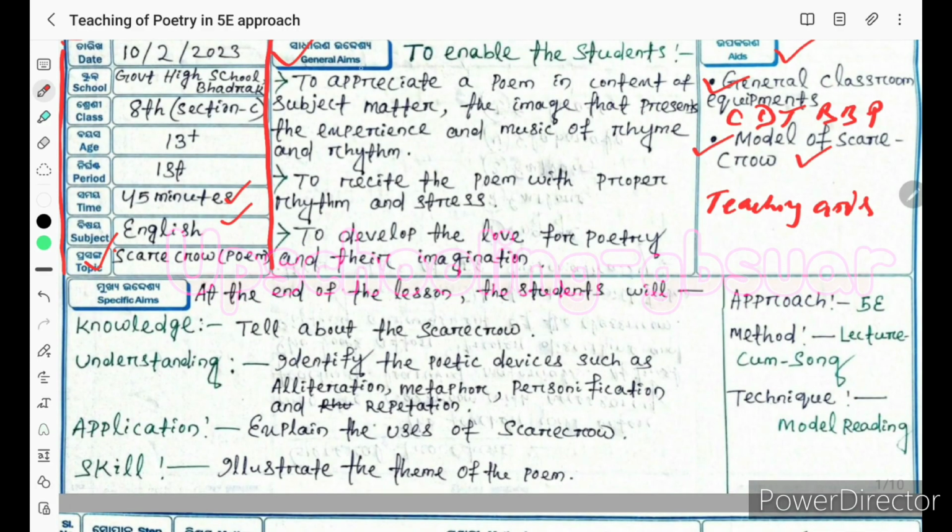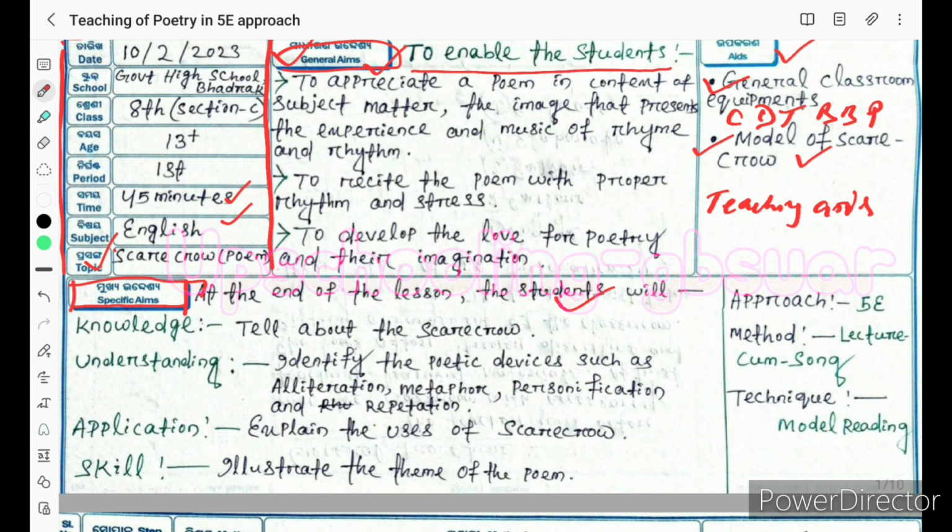Let's come to the middle part and the lower part of the lesson plan. The middle part contains the general objectives and the lower part contains the specific objectives. The objectives that cannot be measured in general terms are the general objectives, and the objectives that can be measured at the end of the instruction are specific objectives.